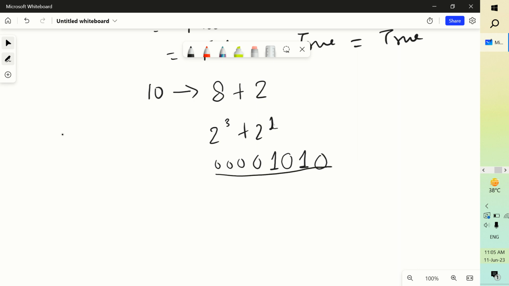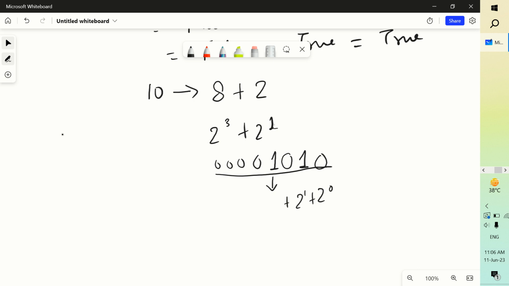Now if you need to convert this into numerical or decimal form, what you need to do is, at the places of 1 you will add 2 raised to the power. The very first digit is 0, so we'll add 2 raised to the power 0, plus the next digit is 1, so 2 raised to the power 1.